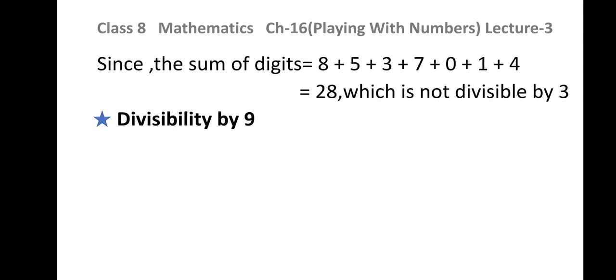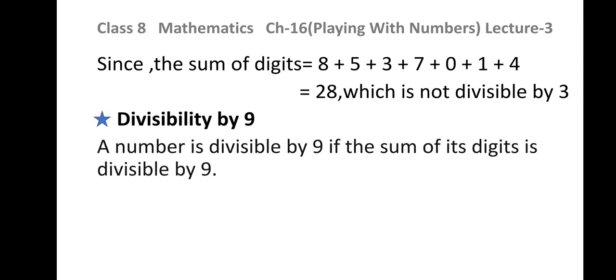Now coming to the divisibility by 9. What is the divisibility rule of 9? A number is divisible by 9 if the sum of the digits is divisible by 9. In case of 3, it was a number is divisible by 3 if the sum of the digits is divisible by 3. In case of 9, it is a number is divisible by 9 if the sum of the digits is divisible by 9.